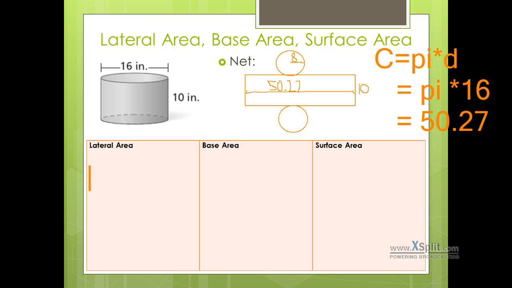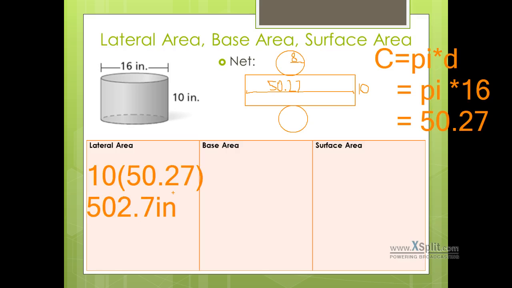Looking at the lateral area, the lateral surface is just the rectangle. That's 10 times 50.27. Anything times 10 moves the decimal over 1. This is 502.7 inches squared for our lateral area.